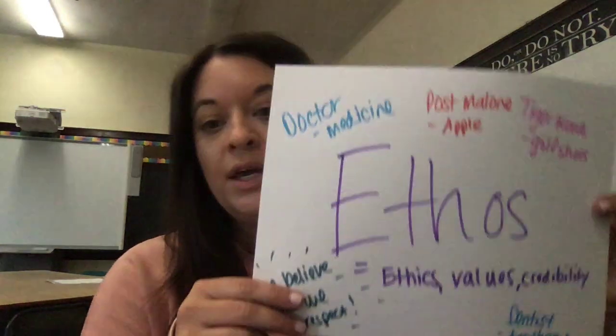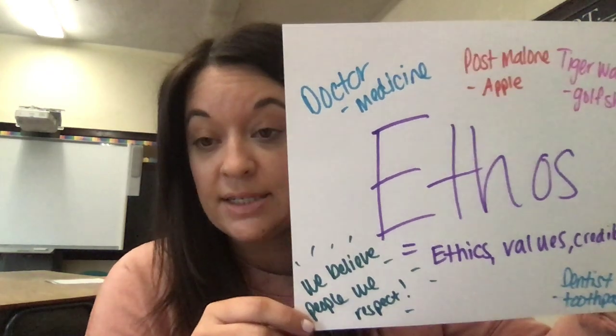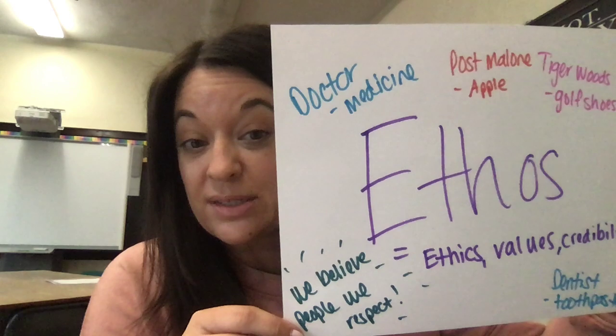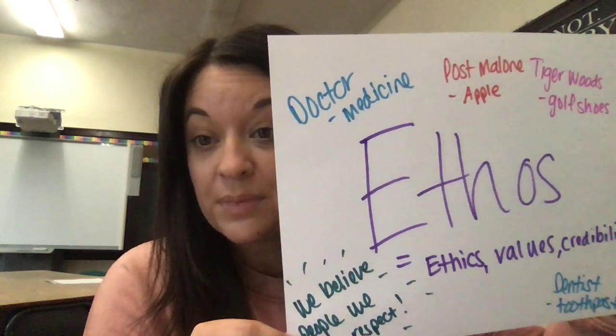The people that we see, we need to feel like and understand that they're using their product. Examples here are doctors. If we're looking at an Advil commercial or whatever, that's a good source. If a doctor is telling you to use it, he's an expert, we're probably going to.